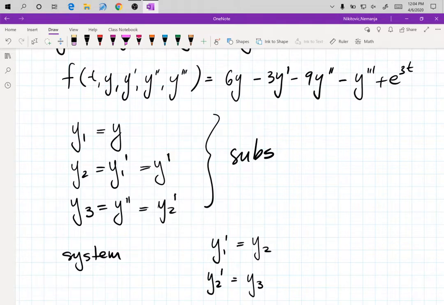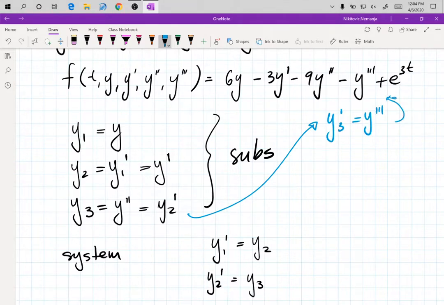That might be a little bit confusing, so let's put it in blue over here. Well, let's start with steps. So y3 prime is y triple prime, and then solve for y triple prime.